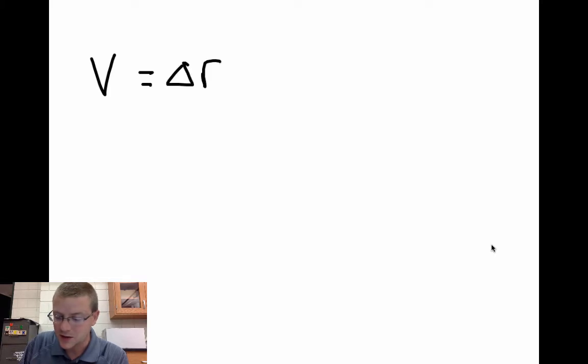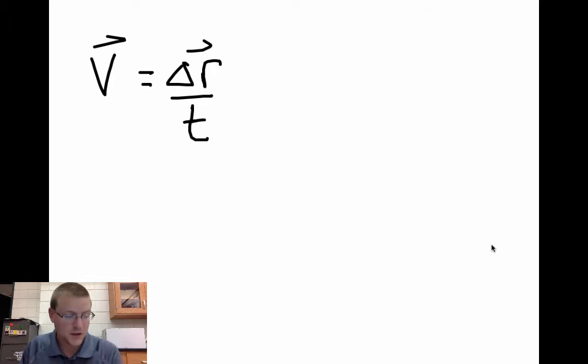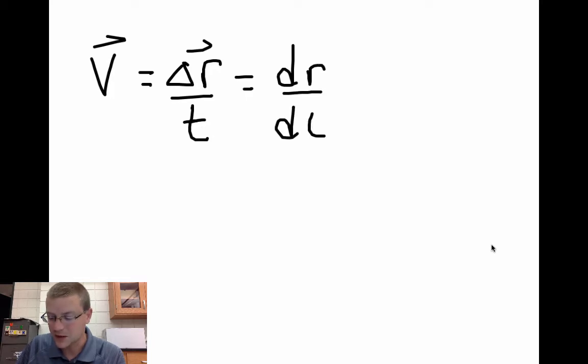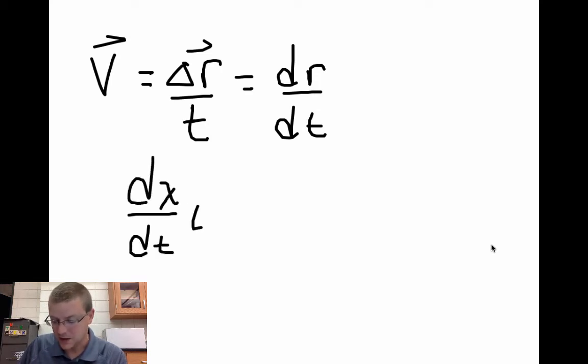To find velocity, well, we know velocity is just the change in displacement over time. And since our displacement now has two pieces, what we're going to do is take the derivative of those two pieces. So I'll do dr over dt. So that means I must take the derivative of x with respect to time for the i direction.